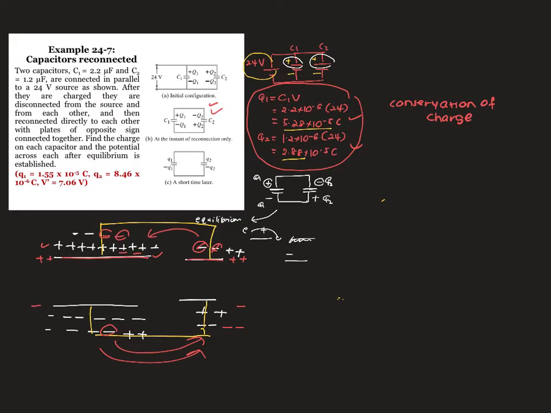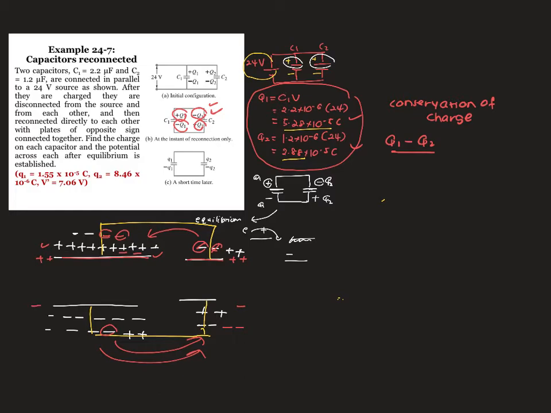I'm going to put it as Q1 minus Q2. Why does it become minus? Because you reconnected plus with the minus. You can choose the upper plate for your equation, or you can use the lower plate.